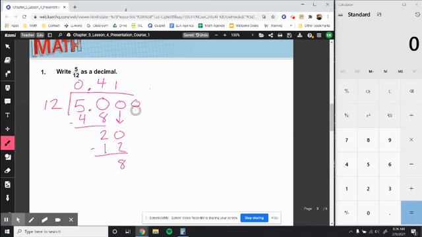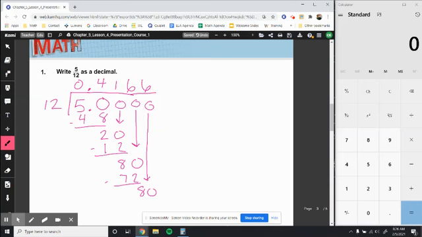Add another 0, okay, 80. 12 goes into 80 6 times, and then that would be 72. Then that'd be 8 again. So now, as you see, we are going to have a repeating decimal because we just keep putting 6 over and over again.